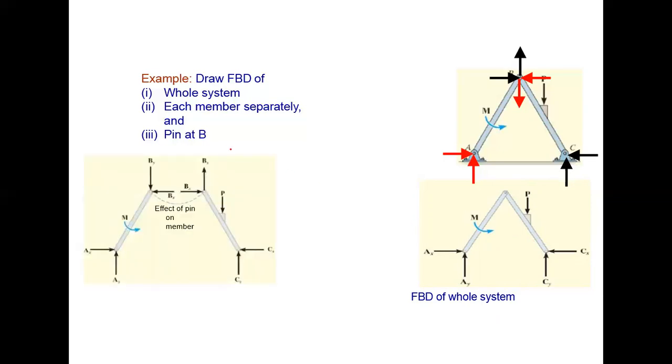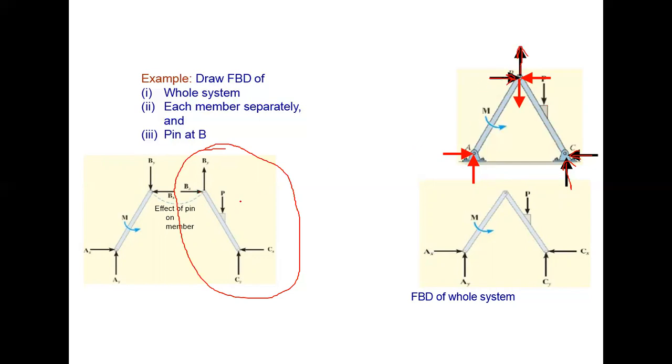Now let's draw an FBD of the link BC. Here I have shown the reactions on link BC by the black colored arrows. These are the black colored arrows that are acting on the link BC.